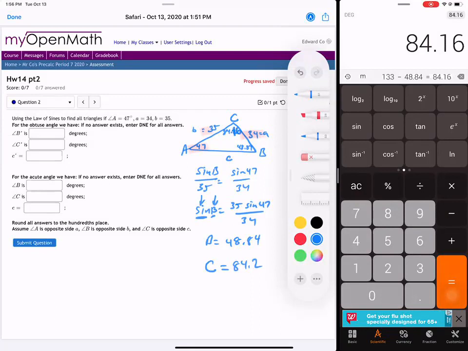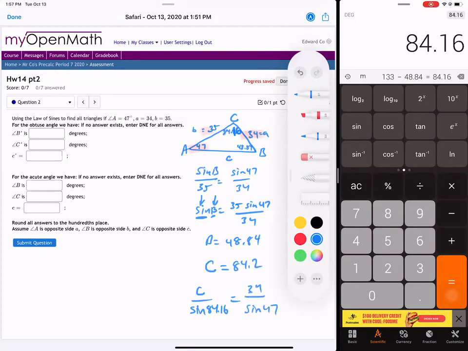I can find my third side using the easy law of sines. So we can write C over sine of 84.16 is equal to 34 over sine of 47.